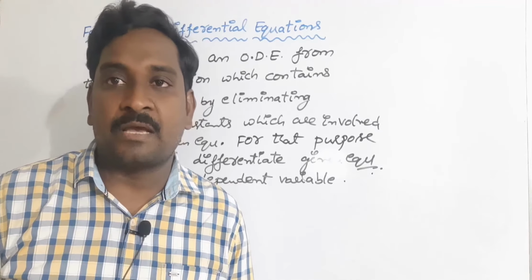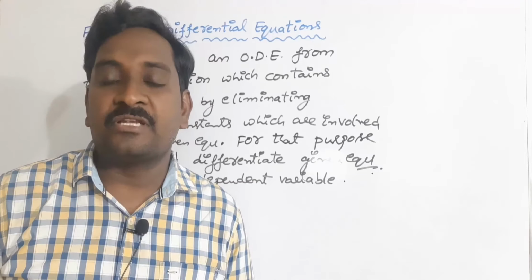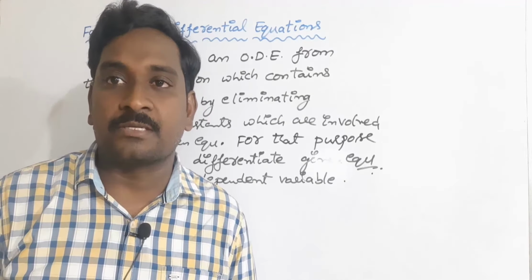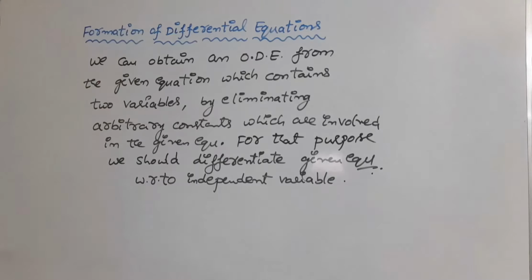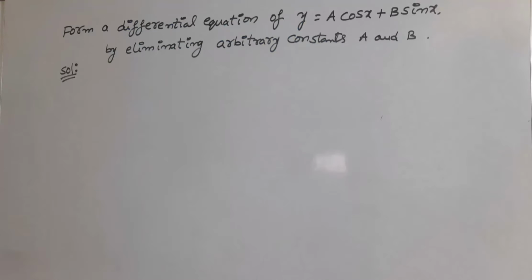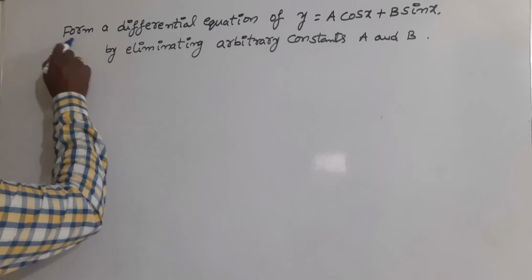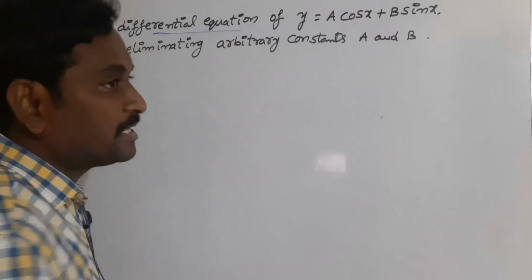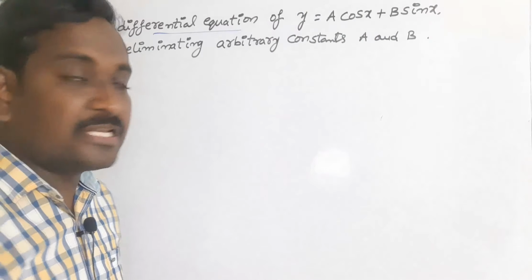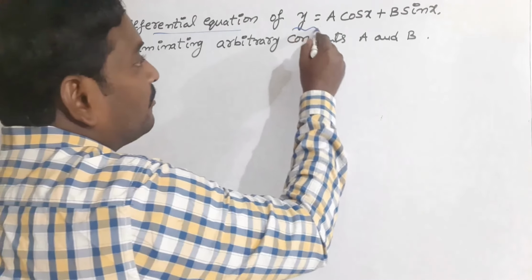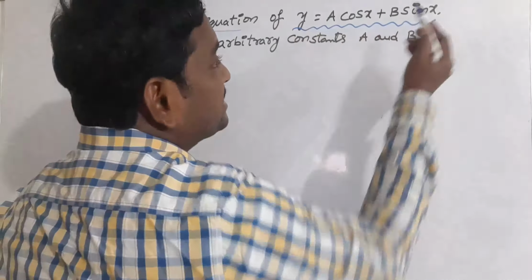Okay, see the example to generate a differential equation from the given equation. See the statement of the given problem. Form a differential equation. It means that we have to generate the differential equation of the given equation y is equal to a cos x plus b sin x.